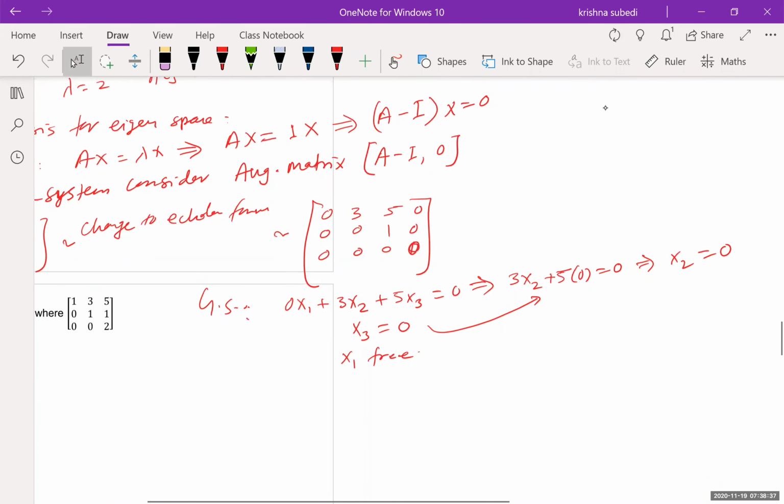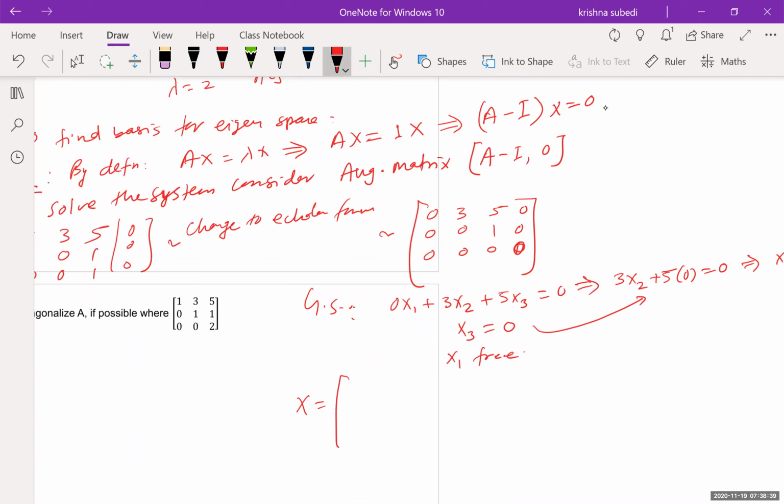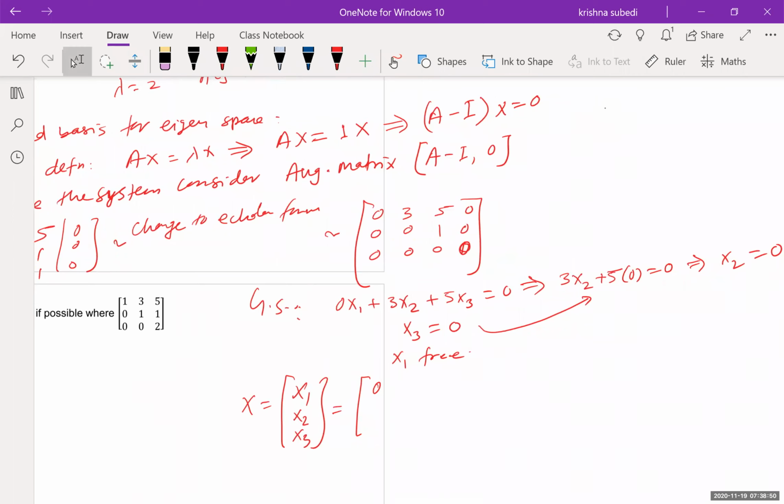So the general solution is x equals x1, x2, x3, where x1 is free, x2 is 0, x3 is 0. So basically what we got here is 1, 0, 0.